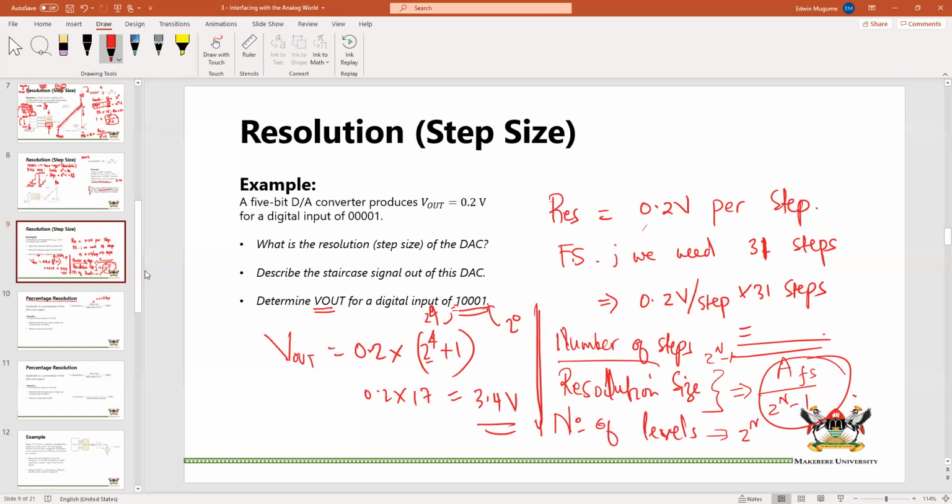So if we were here, we know that our full scale is 6.2 volts, I think. So our percentage resolution here would be 0.2 over 6.2 times 100%. What is that? Anybody?